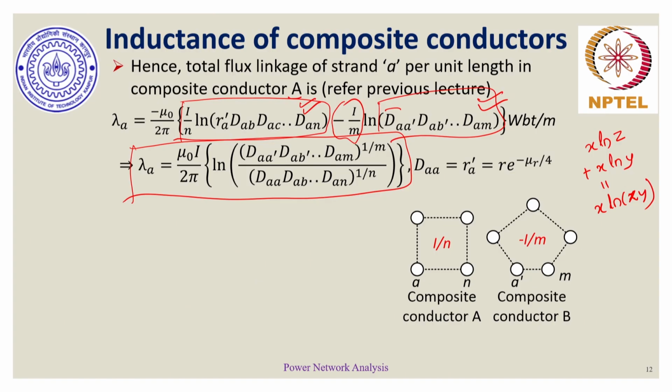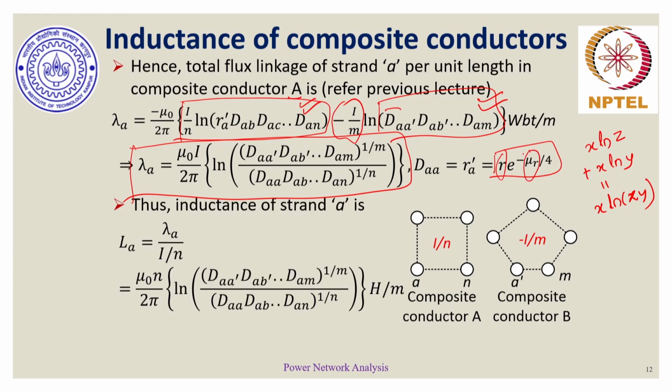And D_A is the effective self radius of conductor A itself. All conductors have the same radius, so R remains the same for all of them. Their material property is also the same, the relative permeability is also the same.